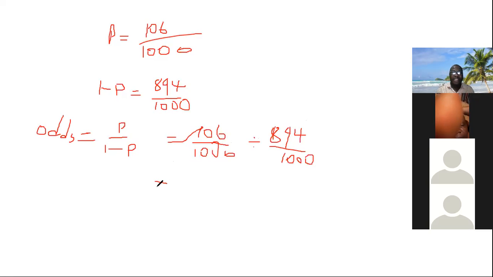If you change this division to times, it becomes 106 over 1000 times 1000 over 894.